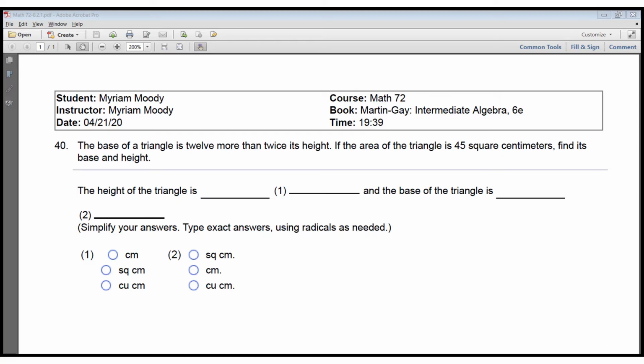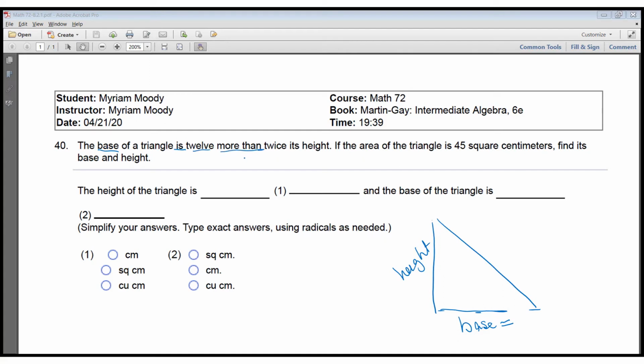So it says the base of the triangle is 12 more than twice its height. So I have got a triangle, and here is the base of it. Here is the height of it. By the way, I cannot assume this is a right triangle because it didn't say anything about a right triangle, so don't go there. But it said the base is. So the base equals 12 more than.